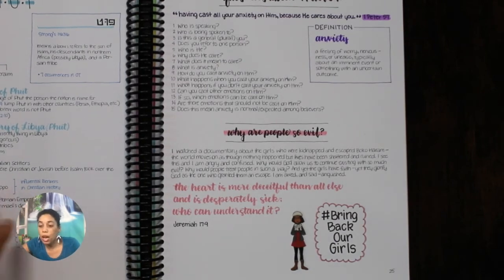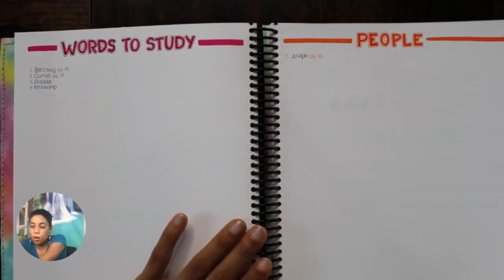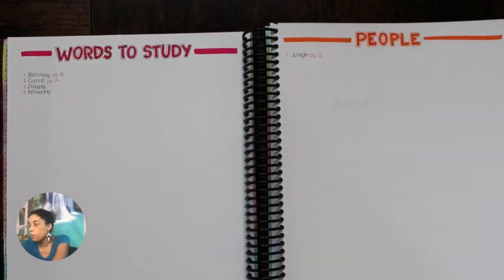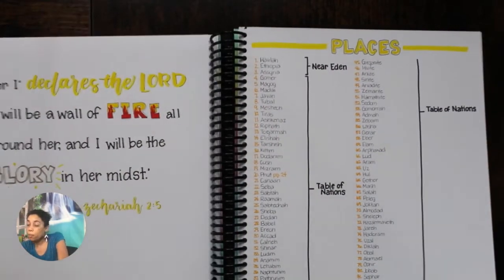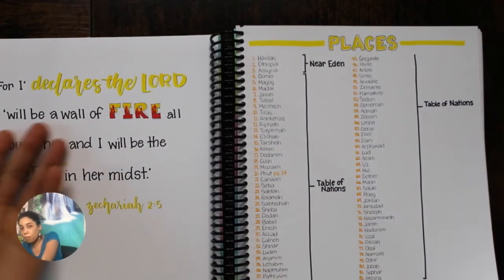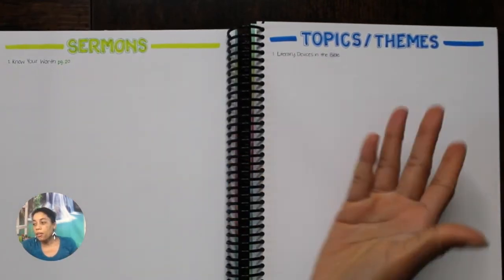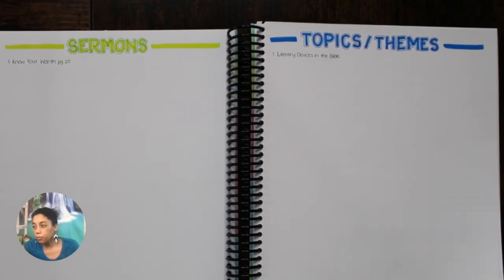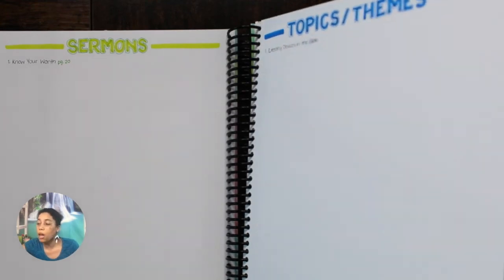Just to recap, I will use the initial pages up here because I think it'll help to see the words written out. But I do word studies. I do studies on people. I do studies on places. And of course, Bible quote pages. I write in sermons, and then I have themes and topics, which are basically Bible studies that I am doing either by theme or by a specific topic.